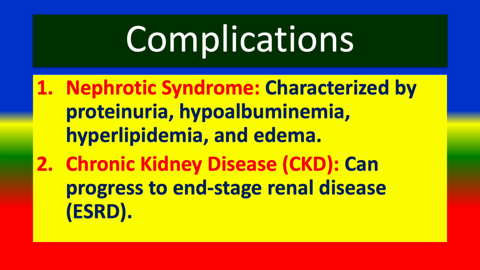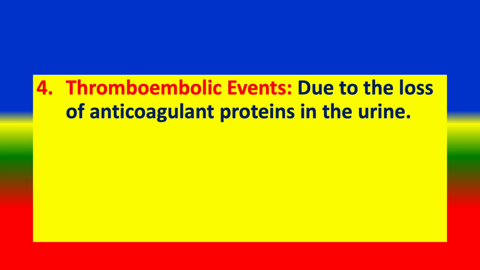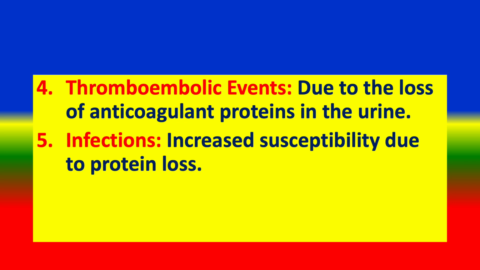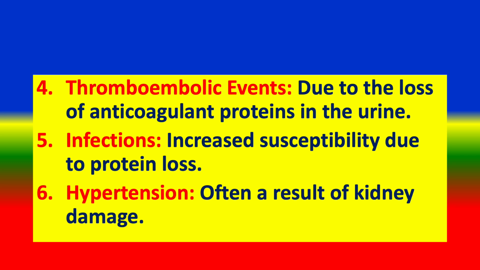Chronic kidney disease, which can progress to end stage renal disease (ESRD). 3. Thromboembolic events due to the loss of anticoagulant proteins in the urine. 5. Infections: increased susceptibility due to protein loss. 6. Hypertension, often a result of kidney damage.